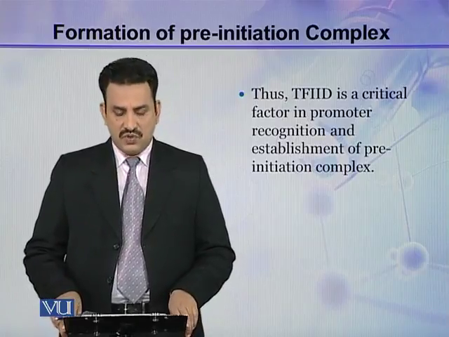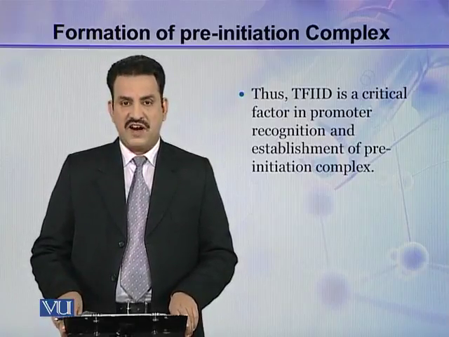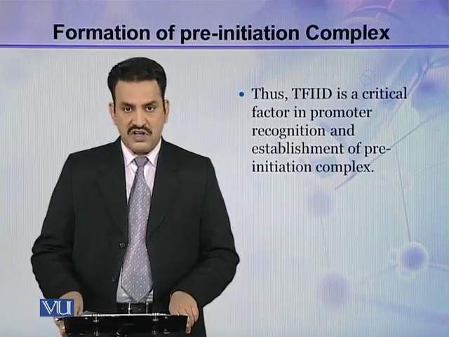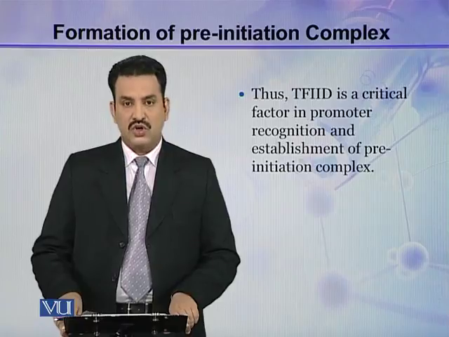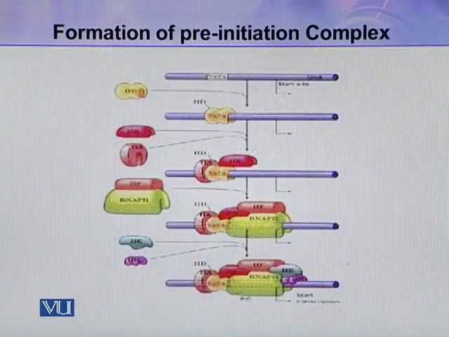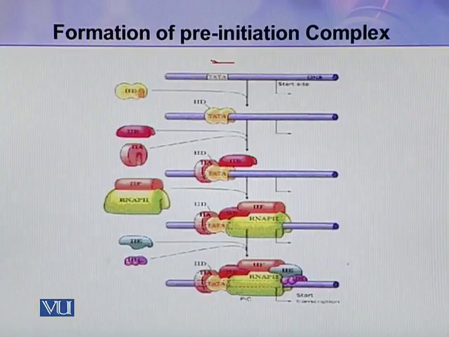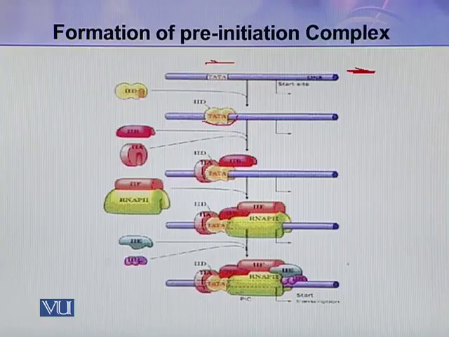Thus, TFIID is a critical factor in promoter recognition and establishment of the pre-initiation complex. So here you can see in this diagram, this is the TATA sequence on this DNA strand, and this TBP binds to the TATA sequence, and then this binding is followed by the binding of other transcription factors.